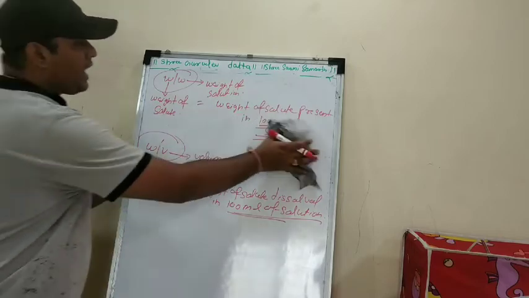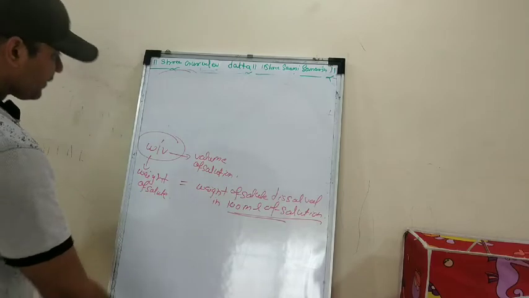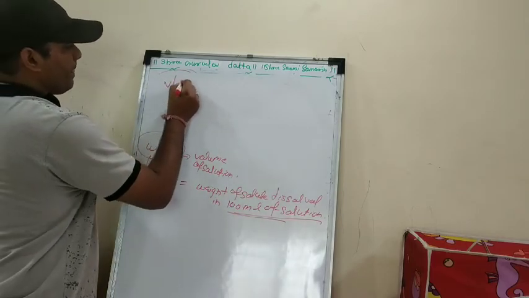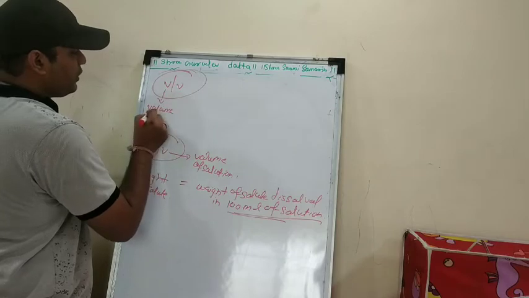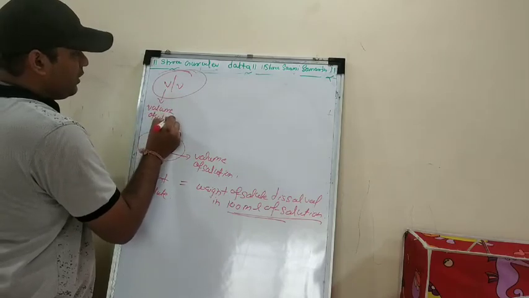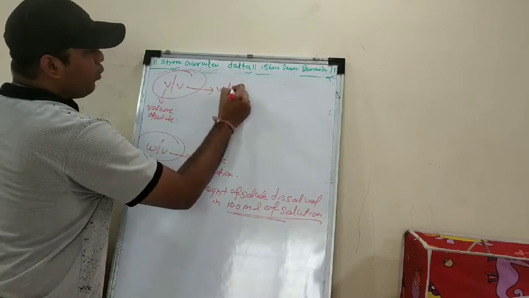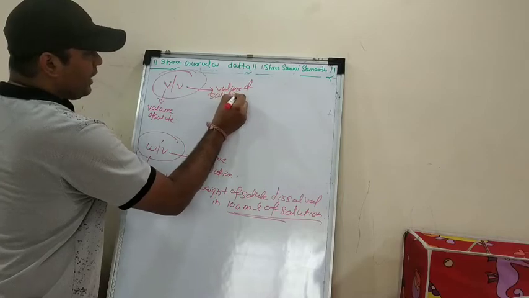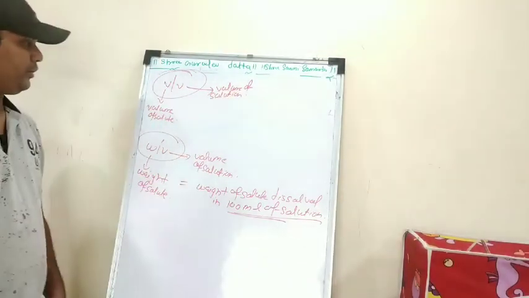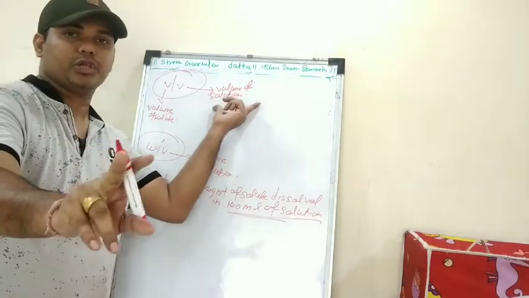Okay, now let's see the last one, V by V. Now what is this V? This V is nothing but the volume of solute. And what is this V? This V is nothing but the volume of solution. Again I am telling you, this is the volume of solute, this is the volume of solution, not solvent.